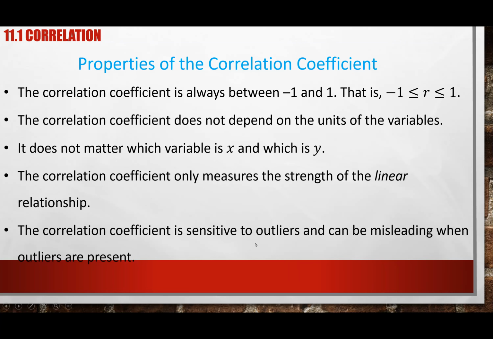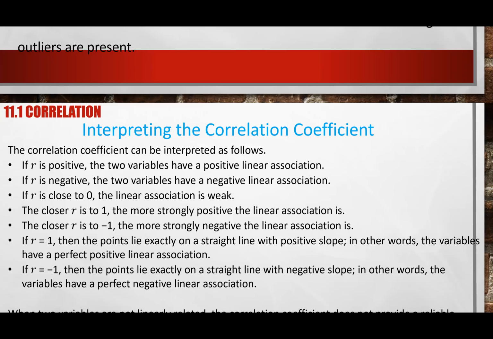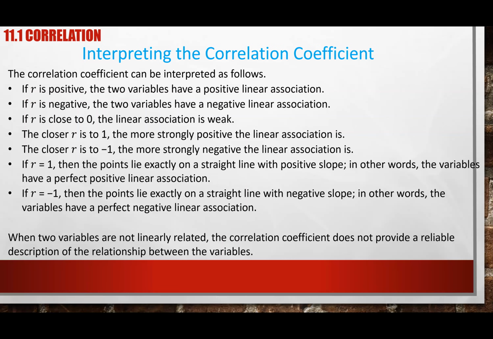Okay. When you calculate R, you have to know what R represents, right? Like I mentioned earlier, if R is positive, we say that they have a positive linear relationship or association.